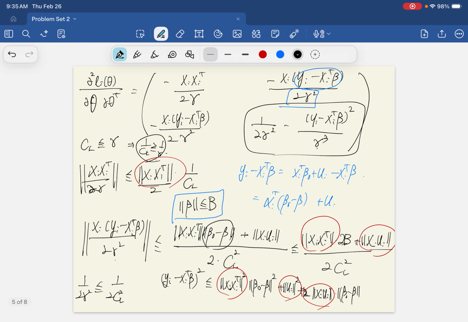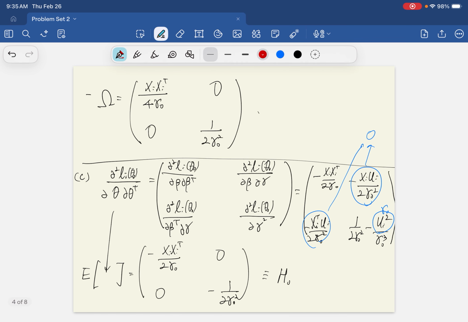Okay, H was, where was it? H was this, and this is obviously non-singular. First, gamma is strictly positive, so it does not affect the singularity. And we know by the full rank assumption, one of the assumptions, that the expectation of xx prime should be non-singular, okay? And then the whole matrix is a block diagonal matrix, right?